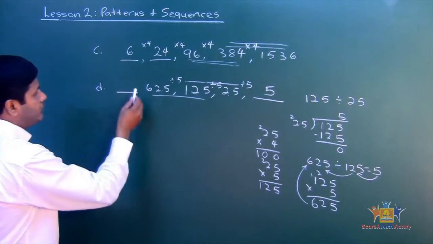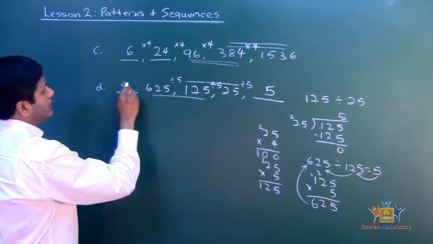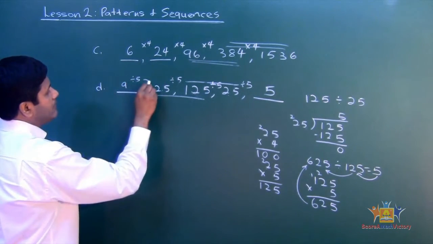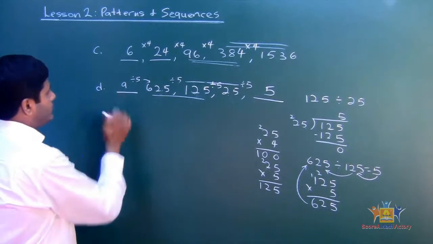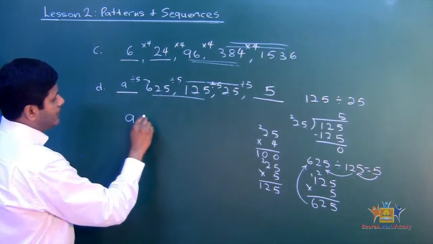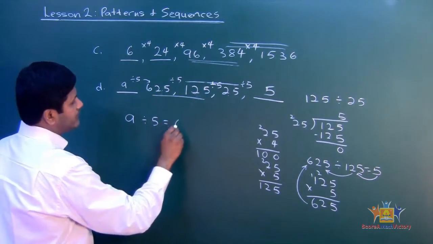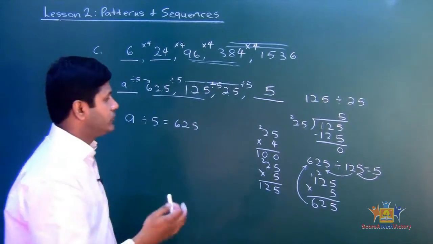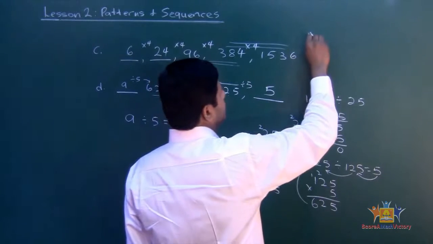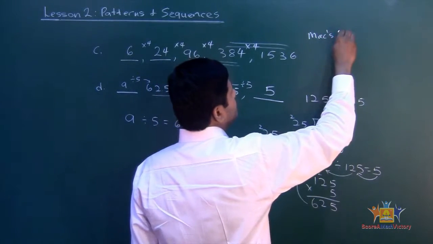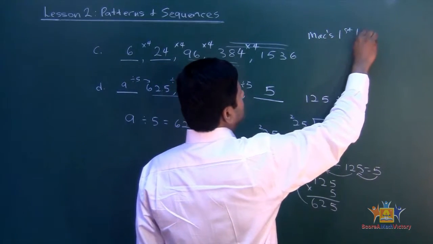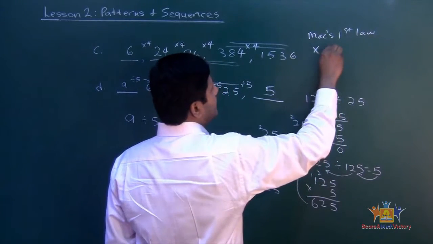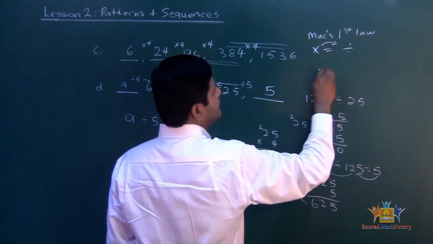Okay, now what about this one? This number divided by 5 will give me that, which I don't know. So let's write it down. A divided by 5 should give me 625. And from Mac's first law, what does Mac's first law say? Multiplication cross the bridge becomes division.